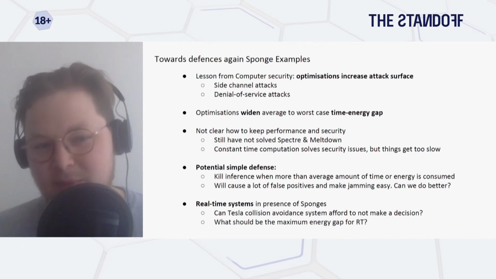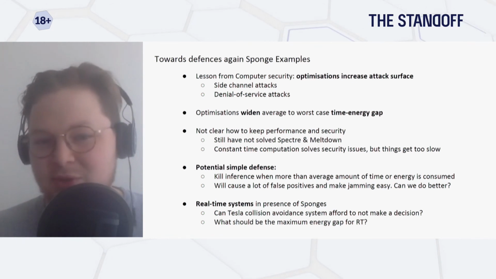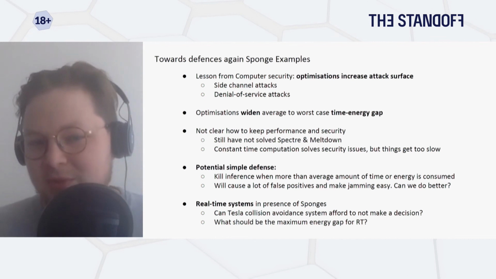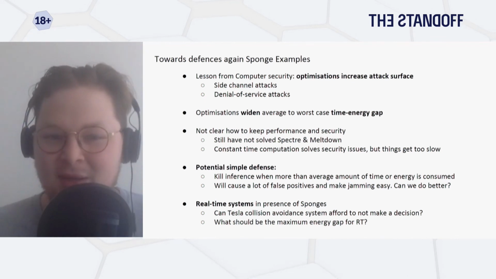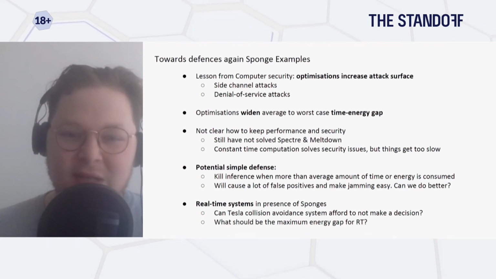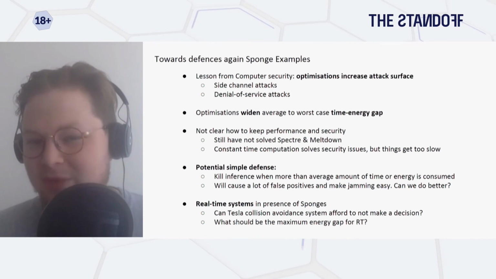So in the paper, we talk about a very simple defense. Namely, what happens if you just measure the time and energy, and then if something is taking too much, you just stop it. Obviously, this works with this thresholding approach, but in practice, this will introduce way too many false positives, and also it will make jamming very easy.